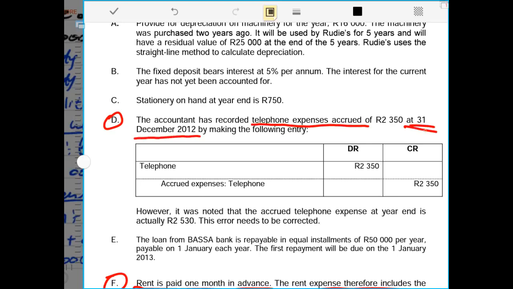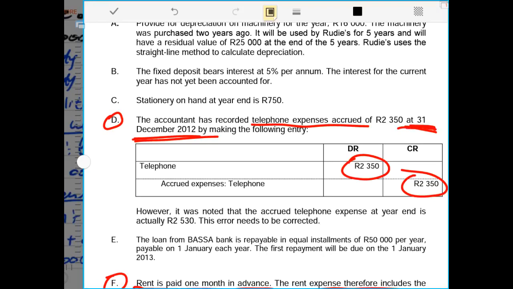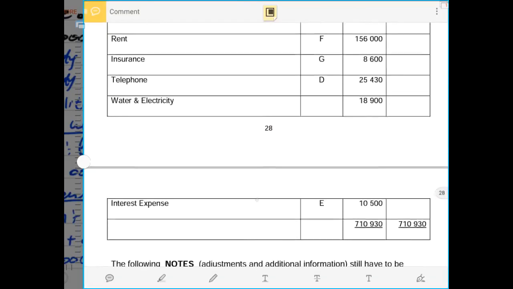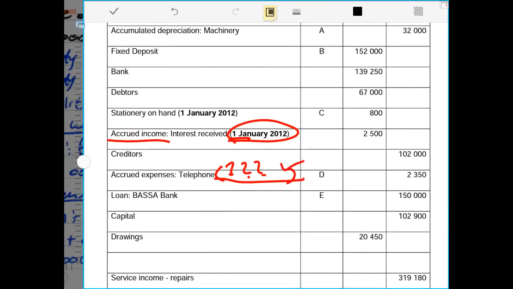So now this accrued telephone of 2,350 is the one that was accrued by the end of the current year. So it means the accrued telephone that we see here is at the end of the current year, 31st December, not the beginning of the year. That is why there is no need for a reversal when it comes to this. Very important.